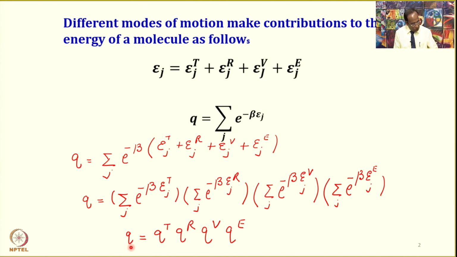But when you write the molecular partition function, it is multiplicative: translational contribution into rotational contribution into vibrational contribution into electronic contribution. What we have is that q is equal to q translational multiplied by q rotational multiplied by q vibrational multiplied by q electronic.